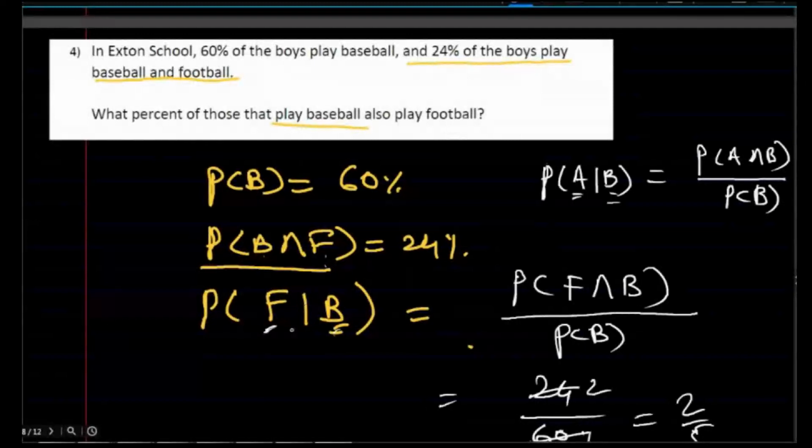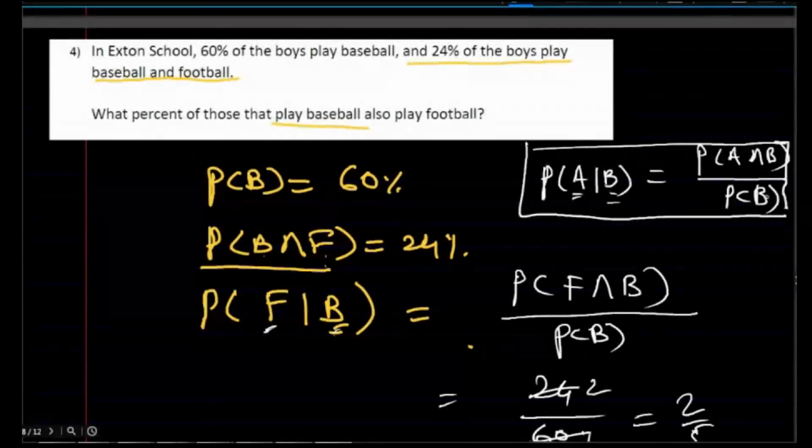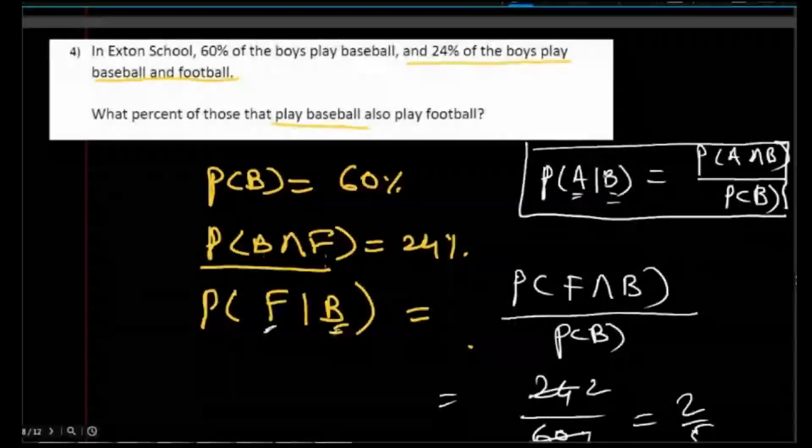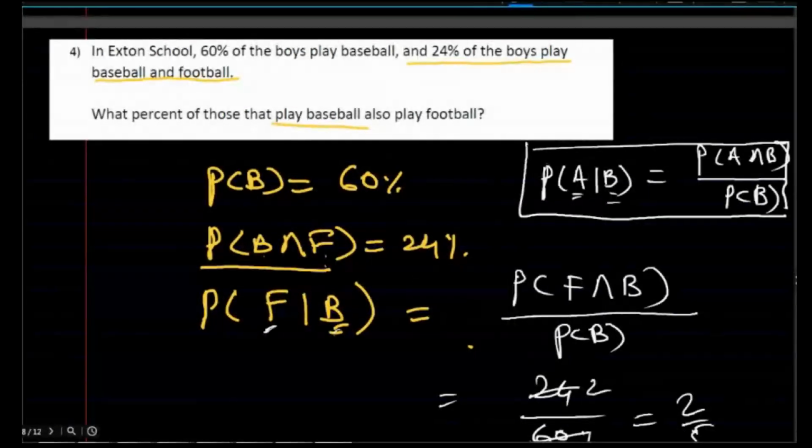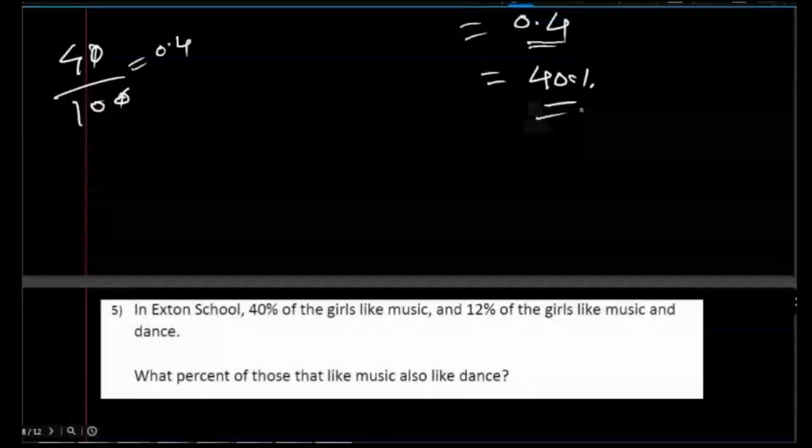So this we are writing as probability of F given B. We have this formula of conditional probability. We'll just replace A with F and B with B, and rewrite the formula to calculate the final answer, that is 40%.